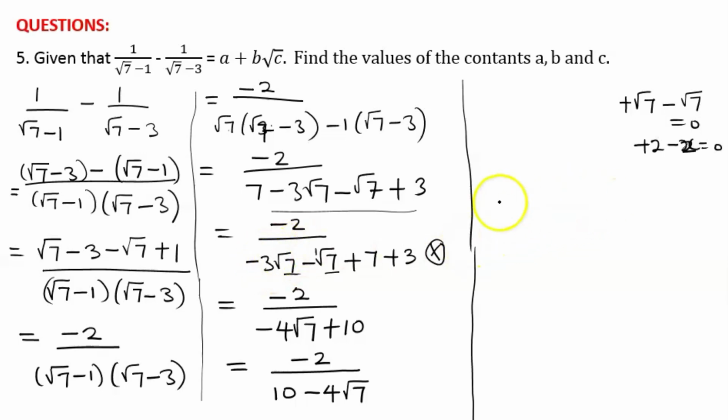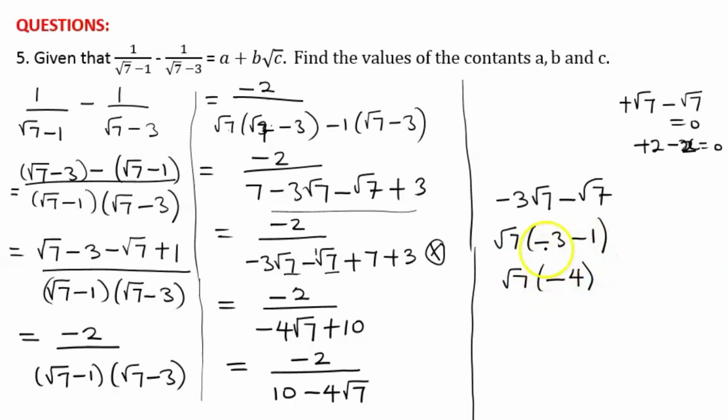Just look at what I did here. Minus 3 root 7 minus root 7. Root 7 is common, so bring out root 7. When you bring out root 7, what will be left here will be minus 3, and what will be left here is minus 1. You see? So you have root 7 into minus 3 minus 1 is minus 4.